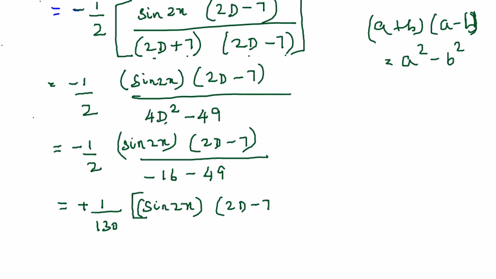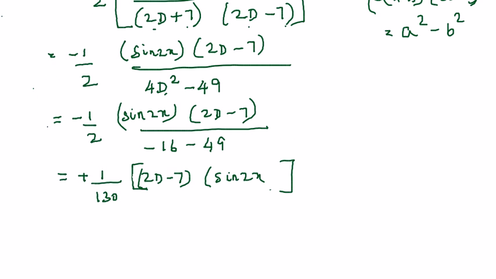Okay, I am going to write this as 2d minus 7 into sine 2x. So what basically happens is that here I am going to differentiate sine 2x with respect to x, right? D is nothing but dy by dx of sine 2x. So we are basically multiplying this. So this becomes 2 into d of sine 2x, which is nothing but cos 2x into 2, right?